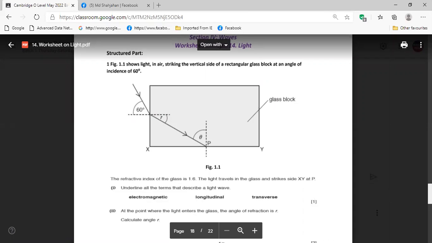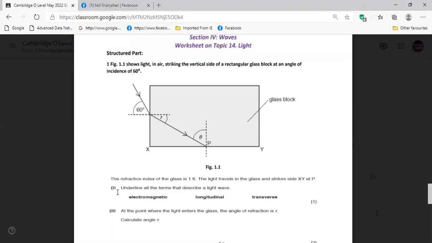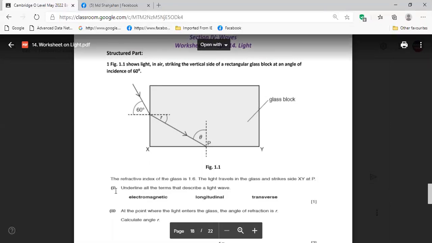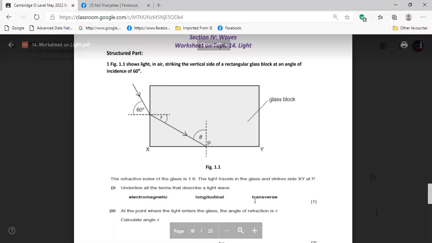So you should underline both. Farabi, are you writing in your copy about structured question one, part one? Yes, sir, I'm writing. The answer is electromagnetic underlined and transverse underlined.